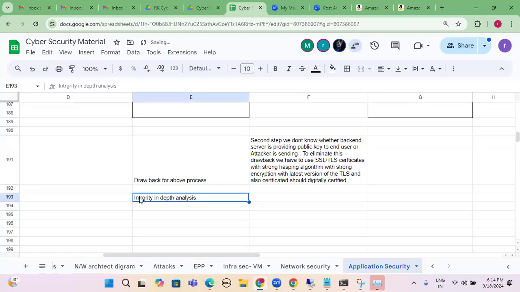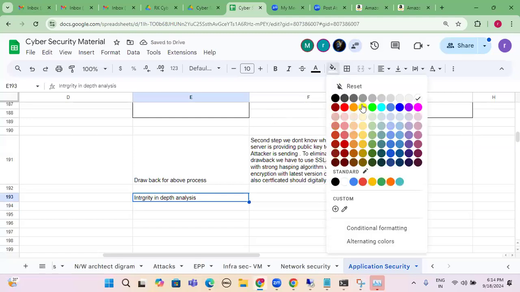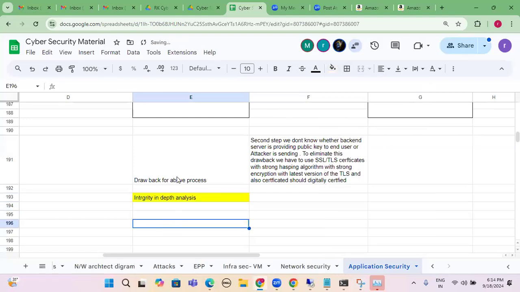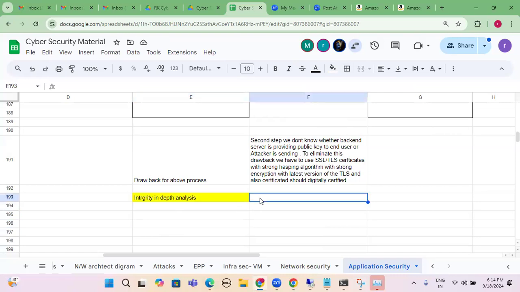What is integrity, guys? Anyone? What is integrity? Data cannot be modified or altered. Trustworthiness of the data or secrecy of the data. Someone should not add or delete or modify the data. He is nothing but an unauthorized user. So that is called integrity. Okay, that's correct.